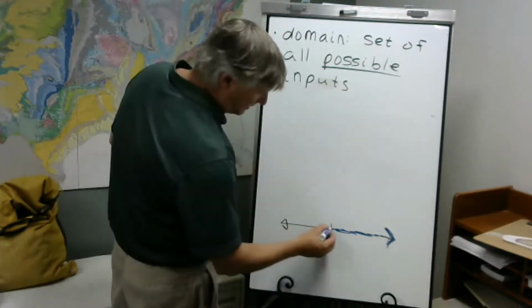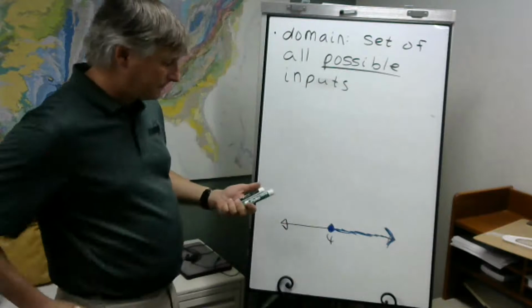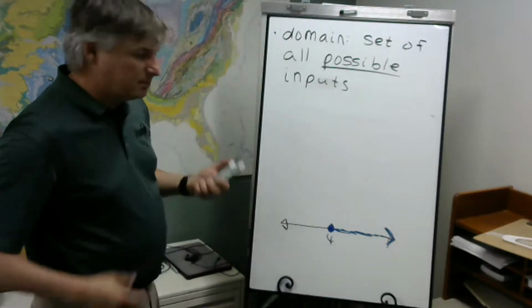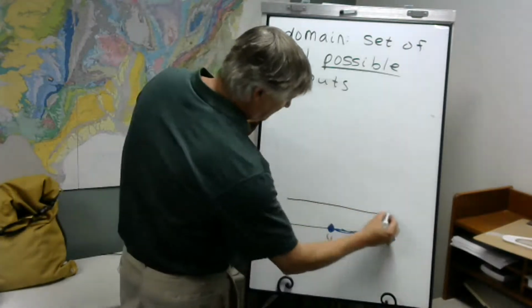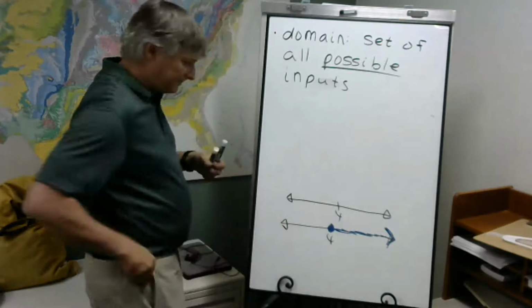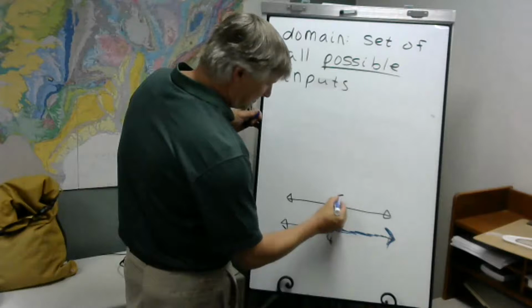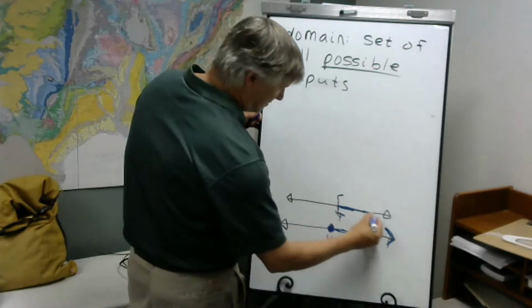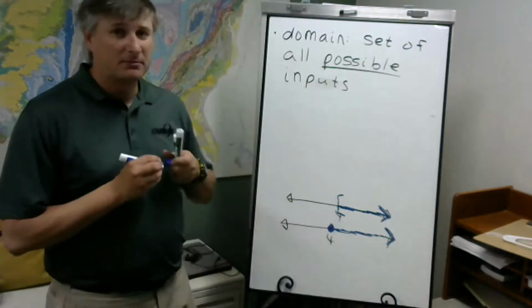That's okay. So we can put a closed dot on 4. Or if you're using the book, I think the book uses a slightly different way of expressing these. It uses brackets instead of dots. So I'd use a bracket here.